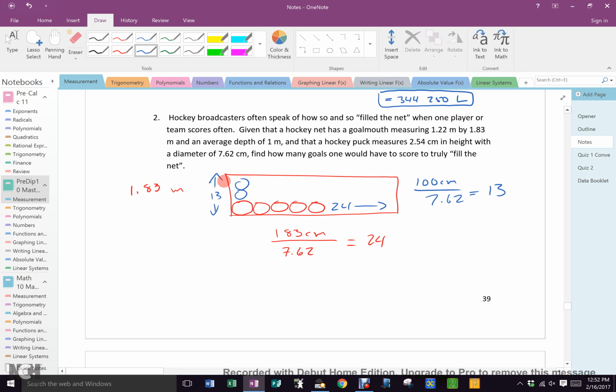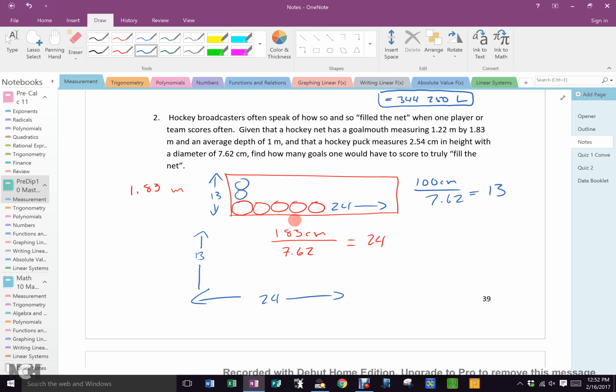Is that the bottom of my net? Is that the whole bottom? 24 pucks this way by 13 pucks this way. Just wait. Is that how many I can fit on the ice in my net? You say no, Emily.